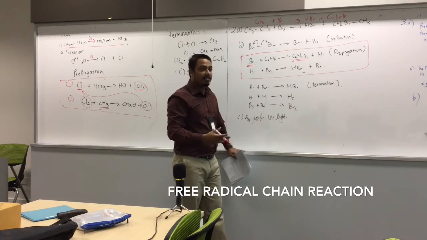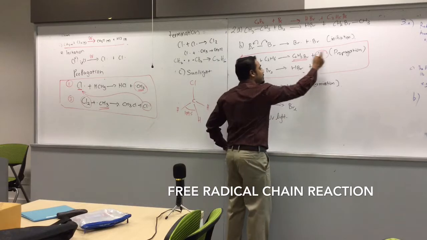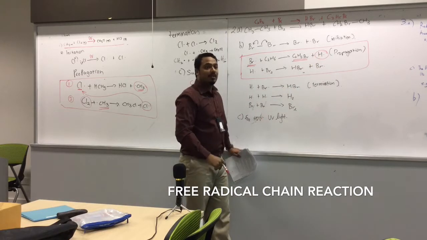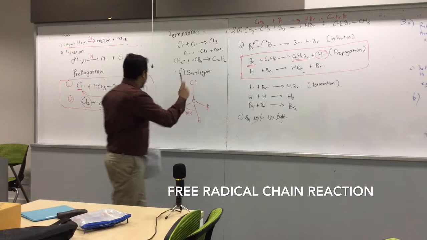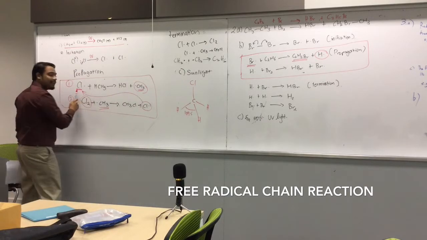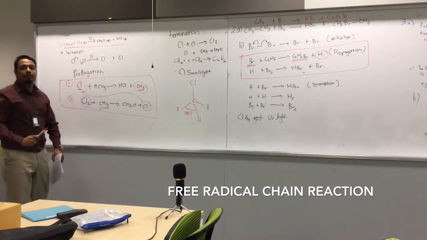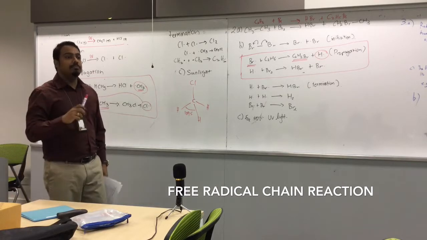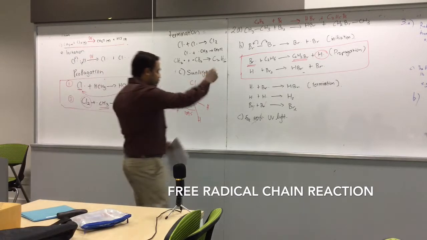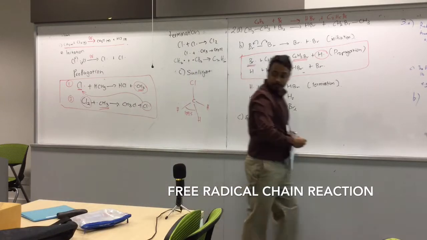I don't have that. Instead, I have a hydrogen radical here. That is wrong. Okay? Remember, the first step starts with a free radical of a halogen, and you need to produce the organic molecule radical. That's important.